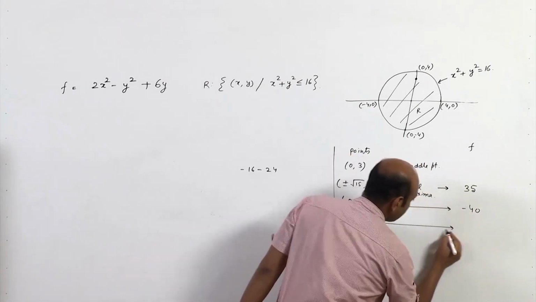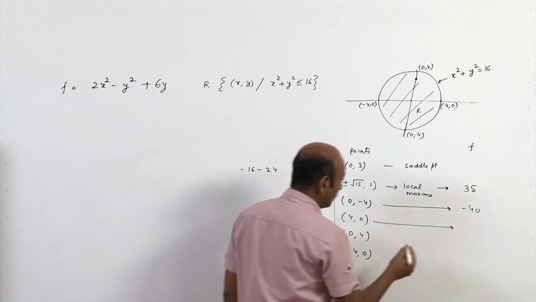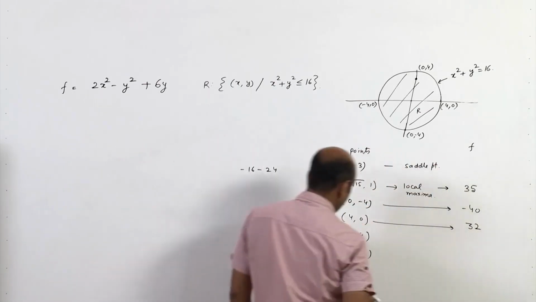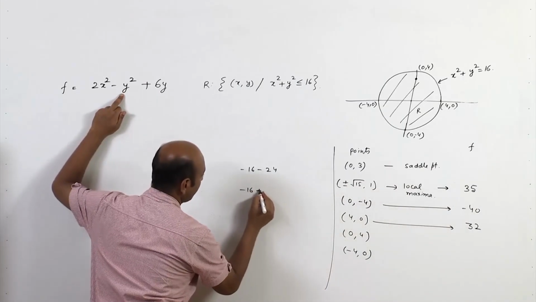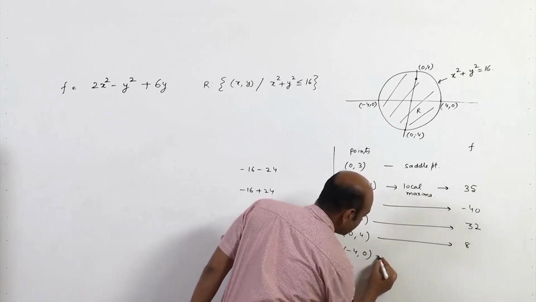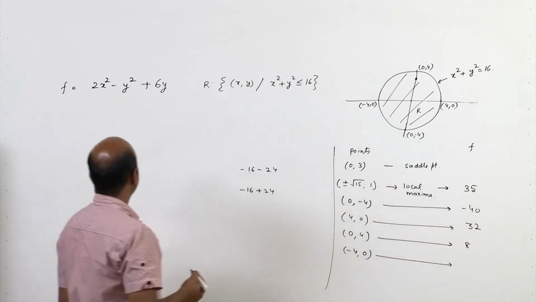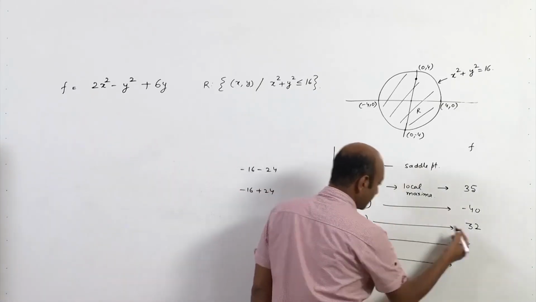At this point, the value of f will be 16 into 2, that is 32. At this point, f will be minus 16 plus 24, that is 8. At this point, you simply substitute x by this, so that will remain the same, that is 32.